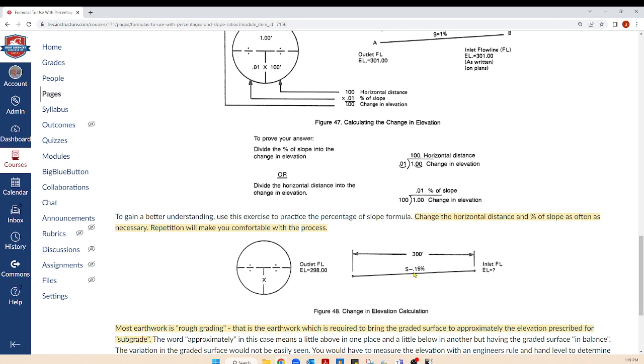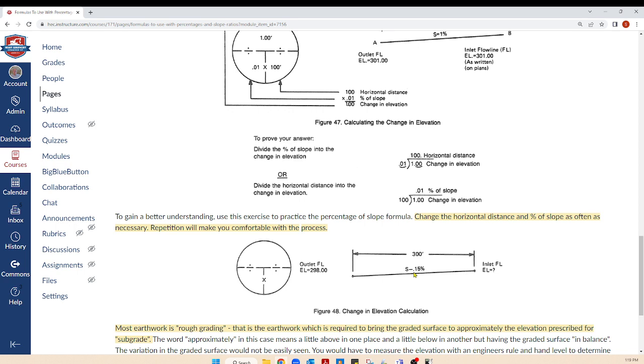What is that in decimal? I know it's not 15%, it's 0.15%. That is 0.0015.